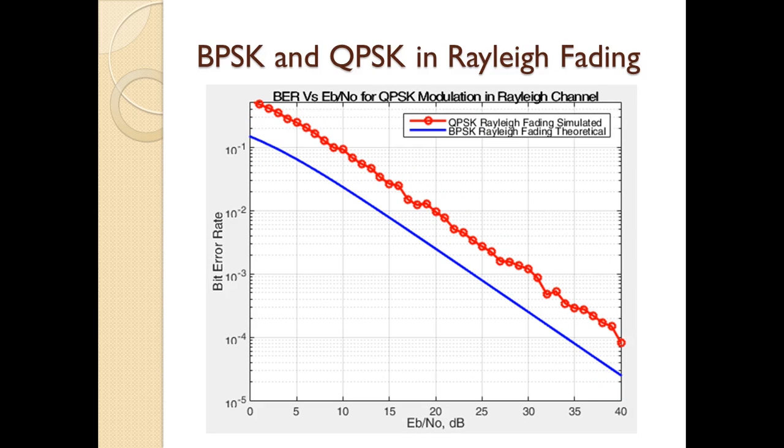The same QPSK system was also subjected to Rayleigh fading. The results followed the same trend as the simulation in noise. The BER of QPSK systems is higher than BPSK modulated systems at the same signal-to-noise ratio.